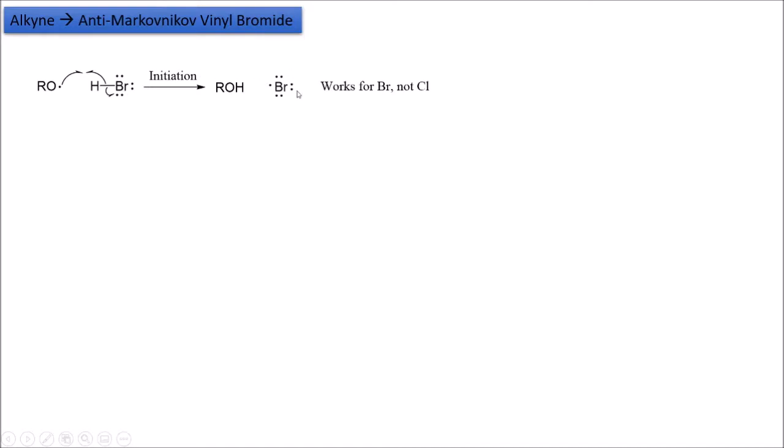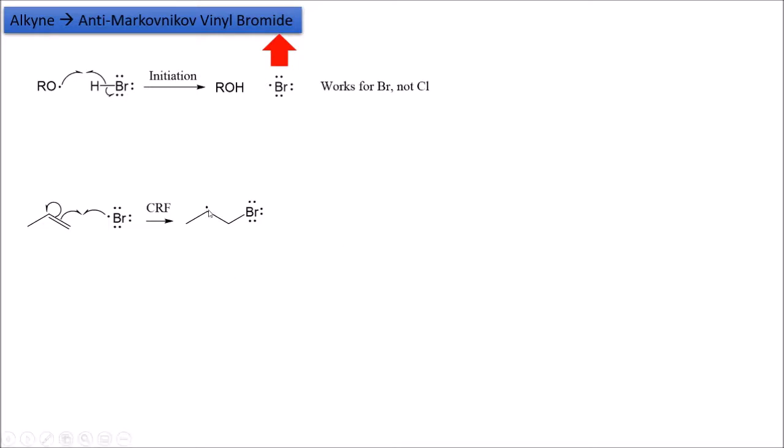Now that we've initiated the reaction inorganically by getting this bromine ready, and again, this is bromine specific, and chlorine doesn't work, then the bromine is involved in the carbon radical formation, 3 half-headed arrows. And the reason that the bromine ends up at the less substituted or anti-Markovnikov position is so that the free radical can be at the more substituted or Markovnikov position.